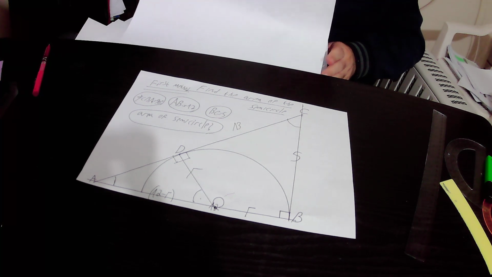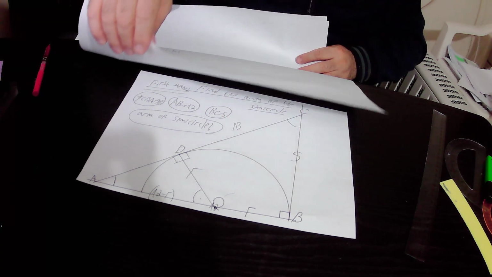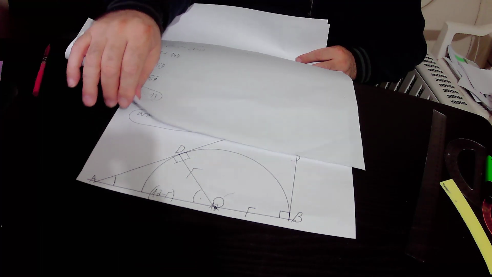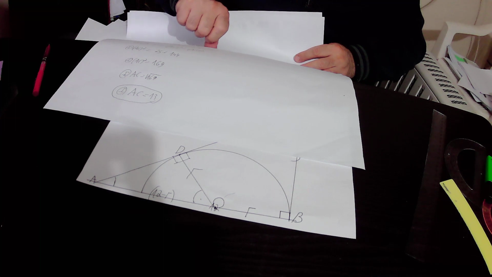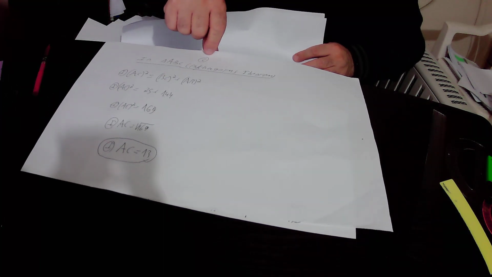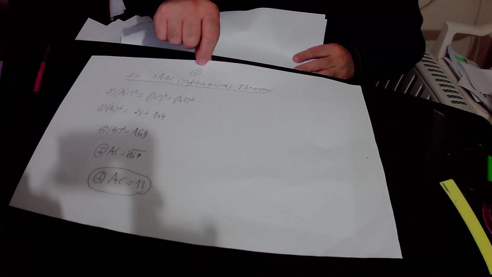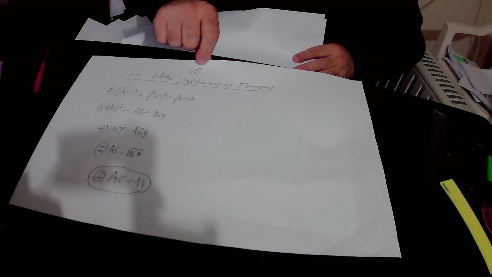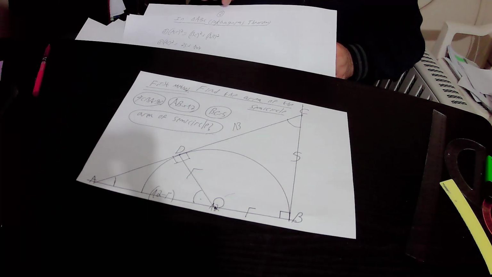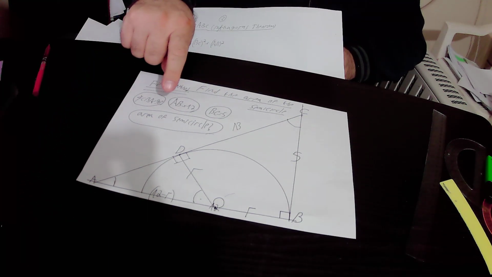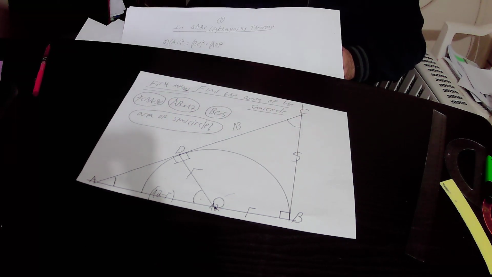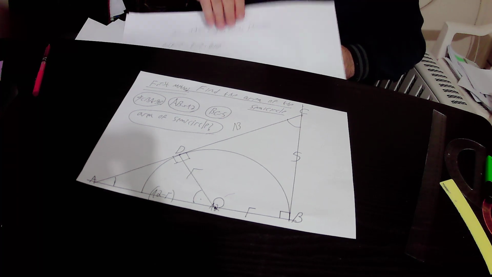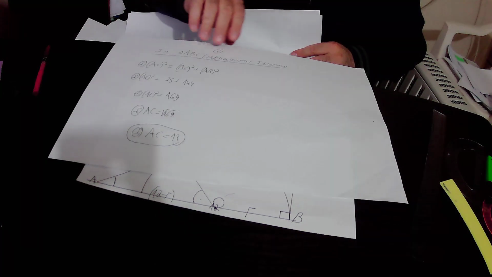Okay, then in triangle ABC, according to the Pythagoras theorem, AC squared plus BC squared equals AB squared. Actually AC squared equals AB squared plus BC squared, according to the Pythagoras theorem, that the square of the hypotenuse equals the sum of the squares of the perpendicular sides.